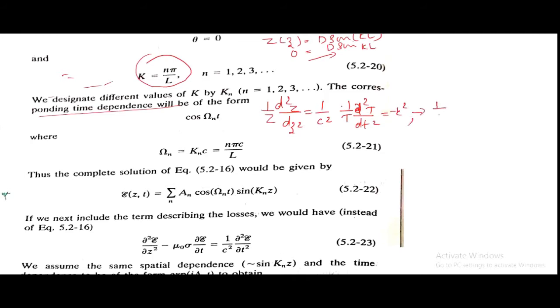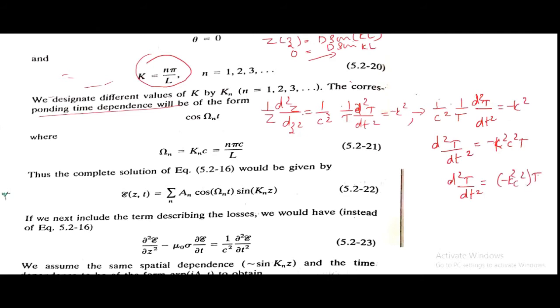On simplification, we can write (1/c²)(1/T) ∂²T/∂t² = -k². Therefore, we can write ∂²T/∂t² = -k² c² T.